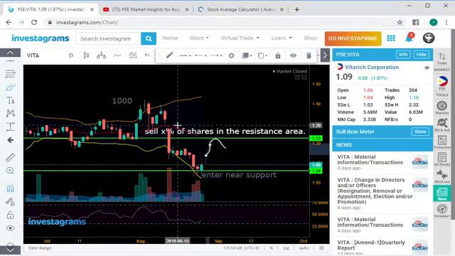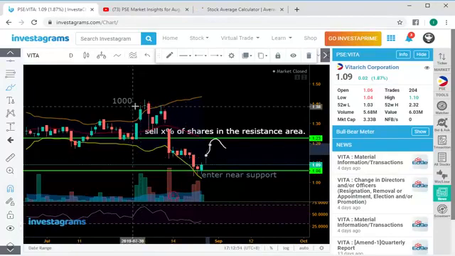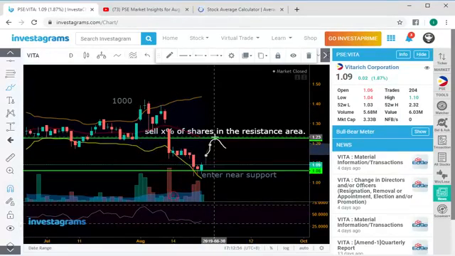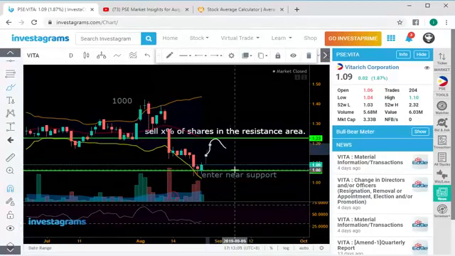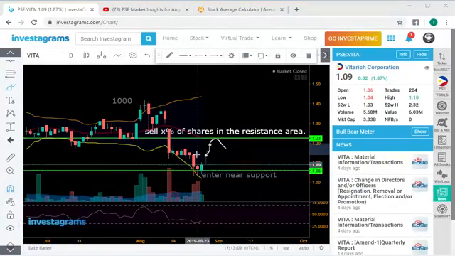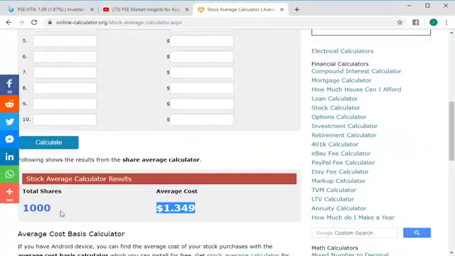See that? I did not do any cash outlay, but using my original funds, I managed to get out of this trade with a small amount of loss, but I repurchased it. Now, at the end of the day, I still have how many shares? I still have 1,000 shares. But look, my average cost now is just 1 peso and 34 cents.